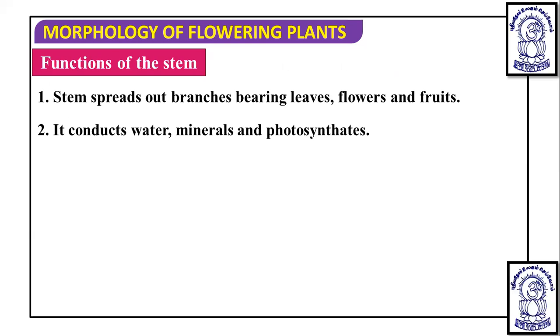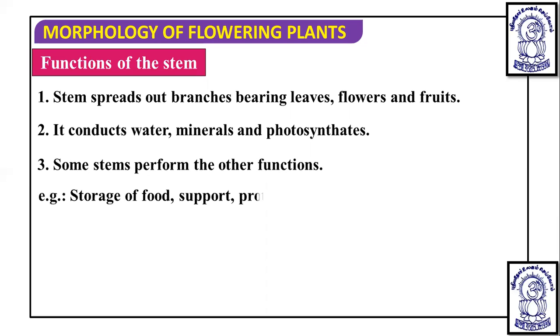It takes water and minerals from the root to the leaf or other plant parts through the xylem, and food travels from the leaf to other plant parts or the root through the phloem. Some stems also perform other functions like storage of food, support, and protection, and also play a role in vegetative propagation.